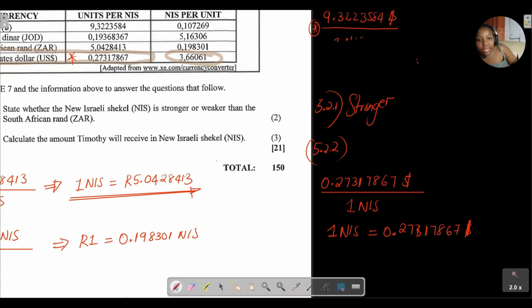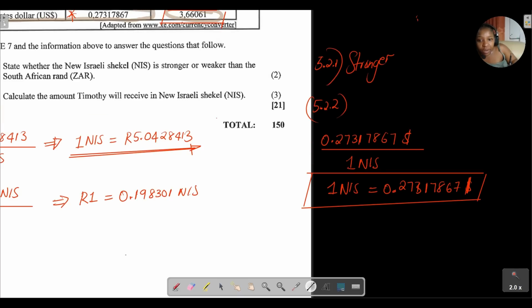Okay, so that means that now we're going to use this equation to help us convert those dollars into NIS. Even if you worked with this part there, 3.66061 NIS is equal to $1. You can even write it like this.